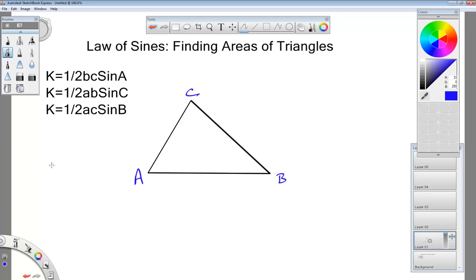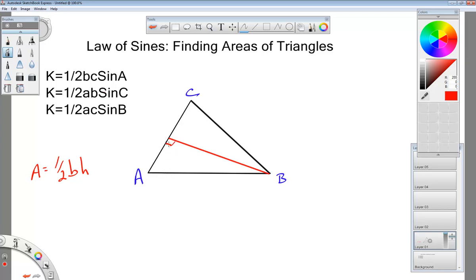Now remember, for area of triangles, it's 1/2 base times height. We don't know what the height is, but here's the trick. If I extend a line and intersect it right there, that makes a right angle here.